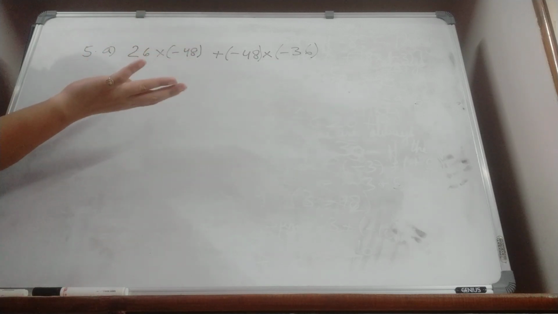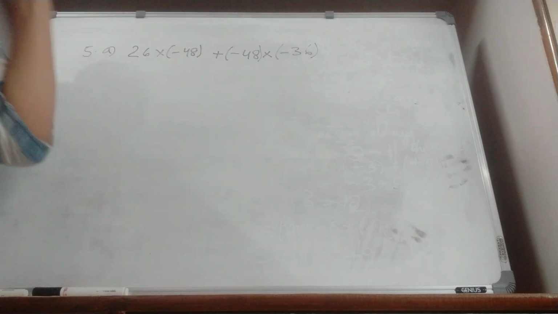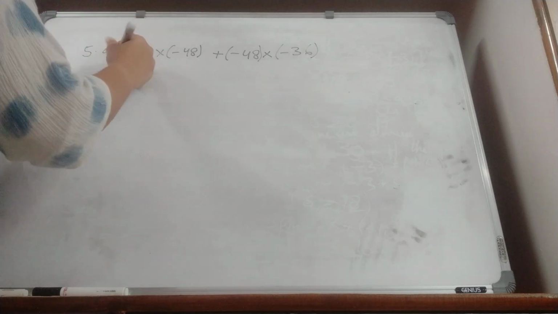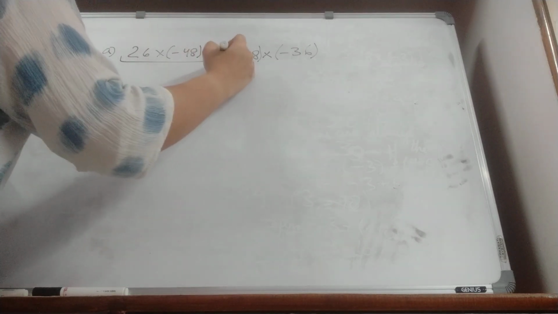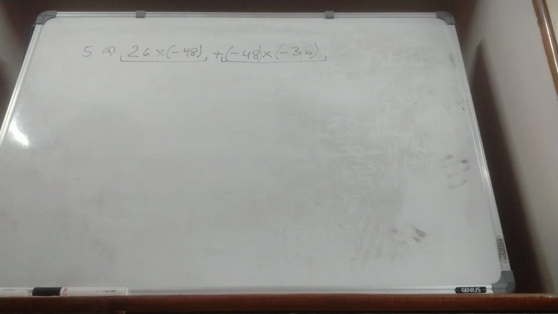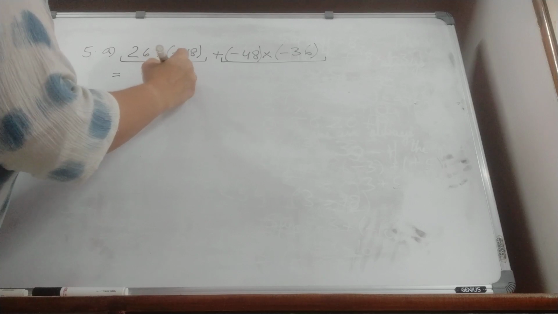So there are 2 terms, because I have a plus sign here, something into something plus something into something. So I have a plus sign in between. I have 2 terms. First term is this and the second term is this. Now what do I see common in both the terms? It is minus 48.